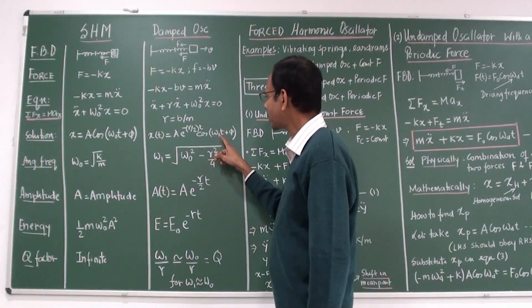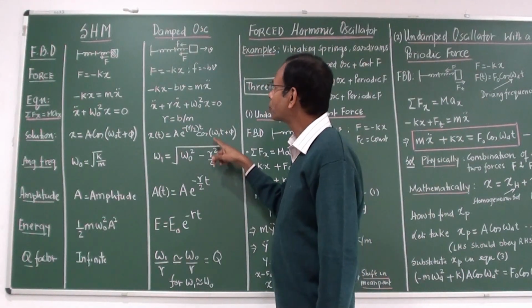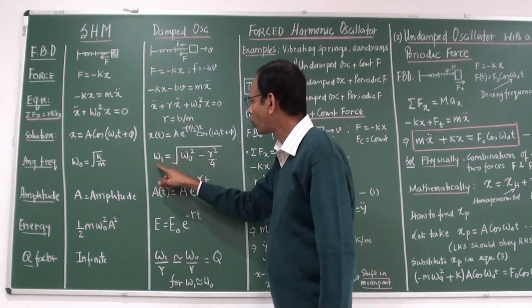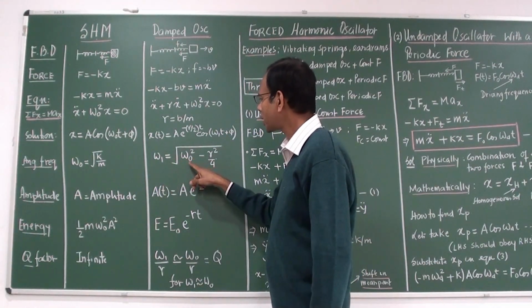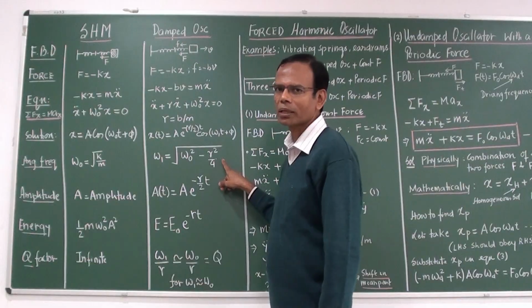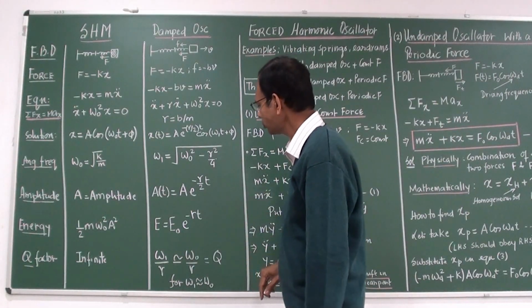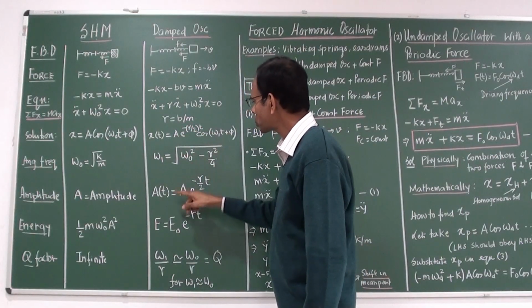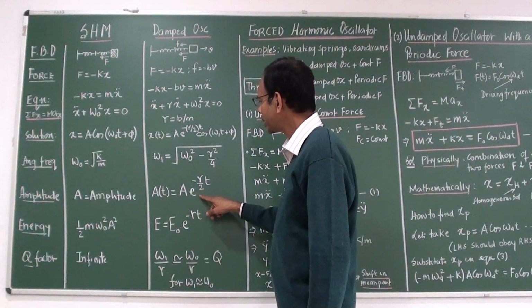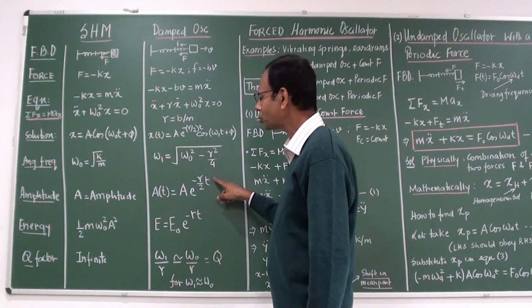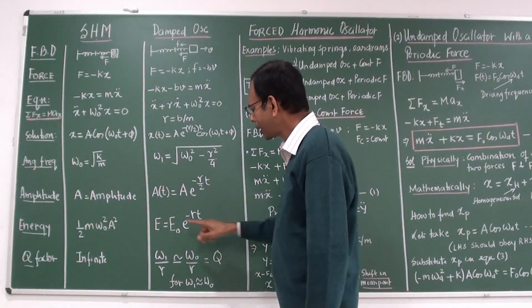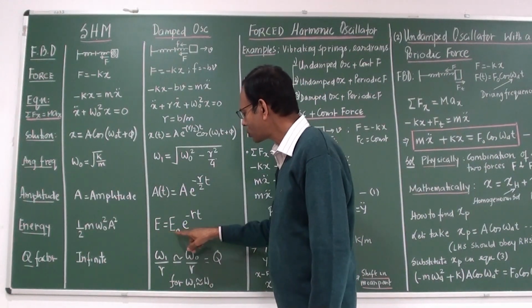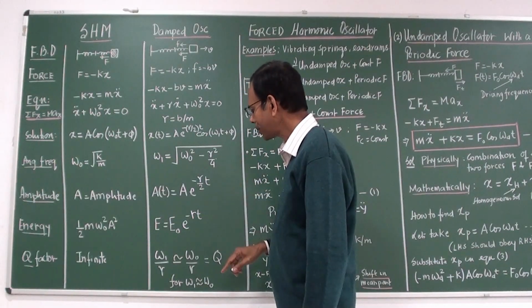We have defined another omega for the damped oscillator, that is omega 1, which is the square root of omega 0 square minus gamma square by 4. This is the amplitude, so A(t) is equal to A e to the power of minus gamma by 2 t. The energy varies as E is equal to E0 e to the power of minus gamma t.